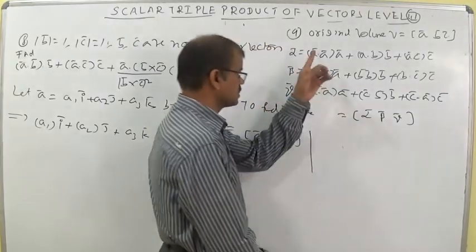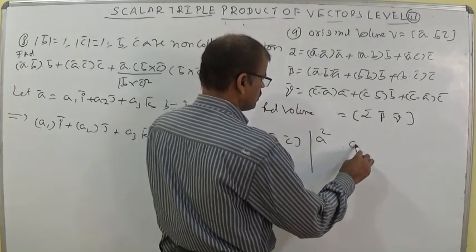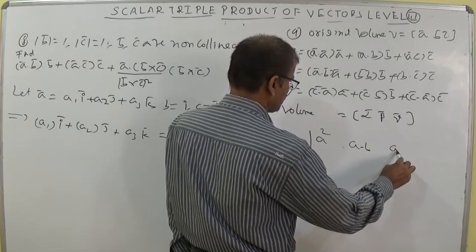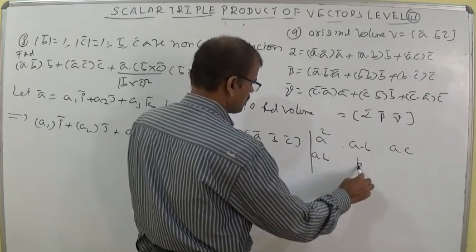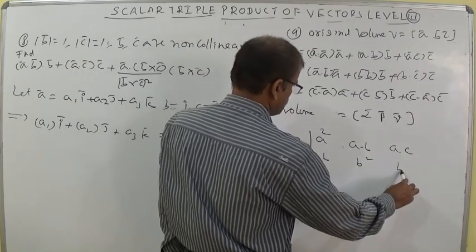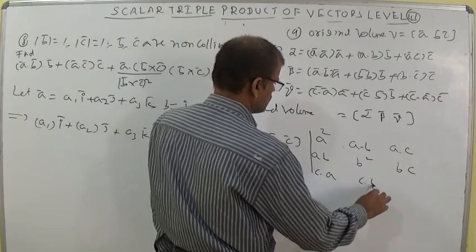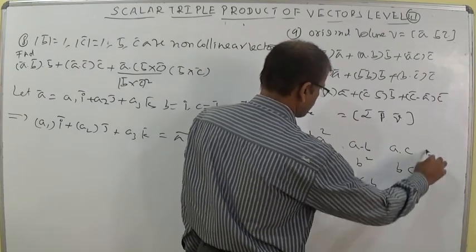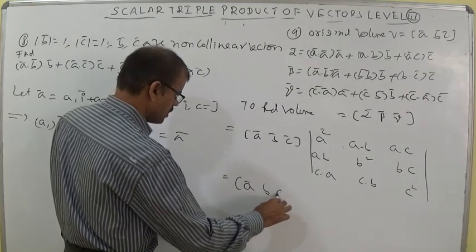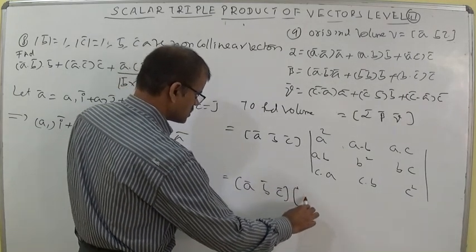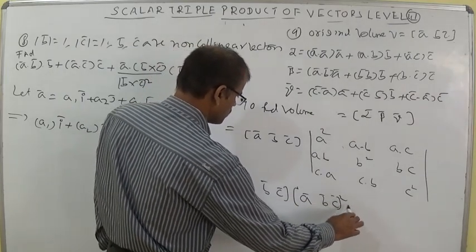Now try to understand this one: A bar dot A bar, this is A square, and this is A dot B, and this is A dot C, and here you should write B square, and this is B dot C, and this is C dot A, this is C dot B, and this is C square. That is equal to, as I said in the previous class, box ABC whole square.